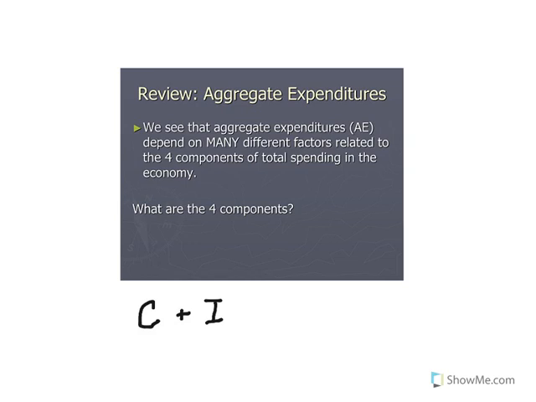Then we talked about government expenditures very briefly, and I basically said the government gets to decide how much money they're going to spend on goods and services. And then the last sector within the economy was the international sector, which we measure through net exports.